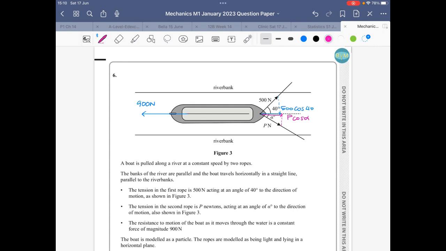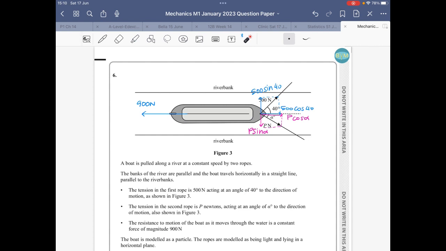And if I work with the other direction, this one here will be P sine alpha, and the component of this one is going to be 500 sine 40.